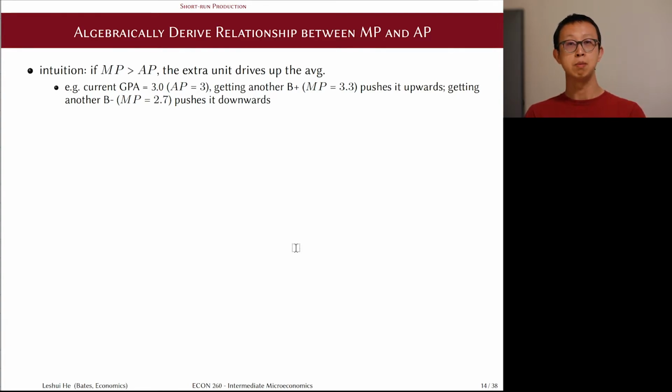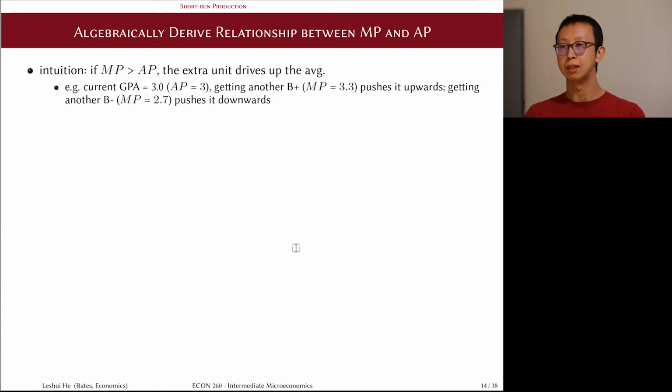And this is because my marginal grade is pulling up the average of 3.0. On the other hand, if I get a B- next semester, with a marginal grade point of 2.7, then I would expect my GPA to go down, because in that case, my marginal value is going to be lower than the average.